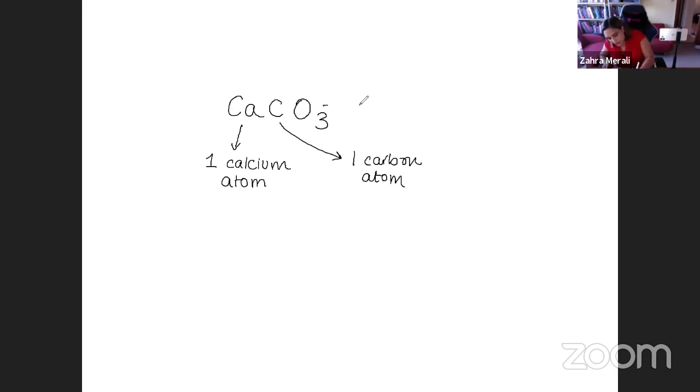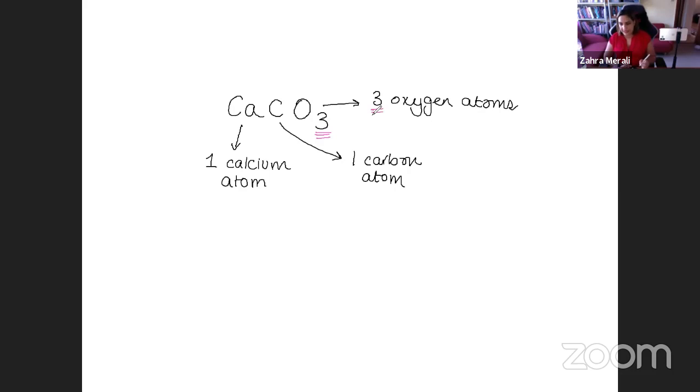And I have 3 oxygen atoms. So in this case, you'll be able to split something out and the number next to it tells you the amount. So you've got 3 oxygen in this case.